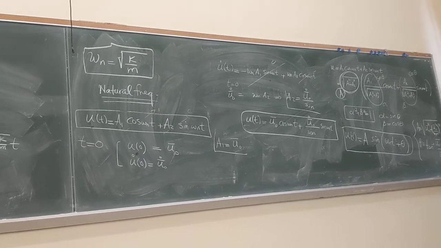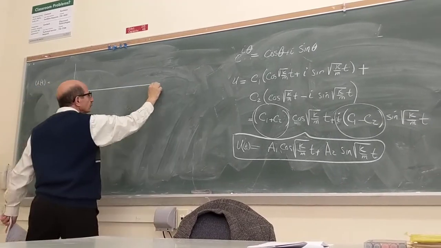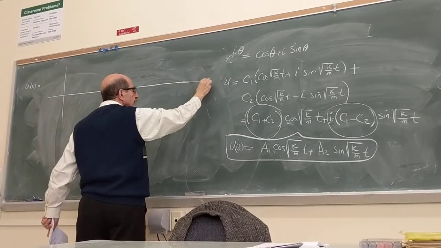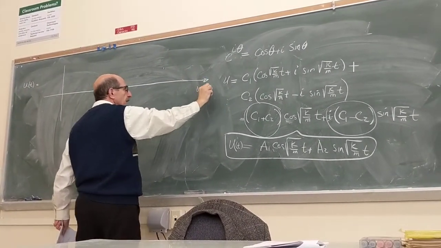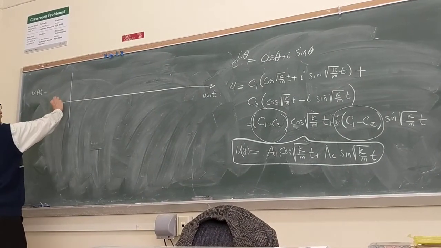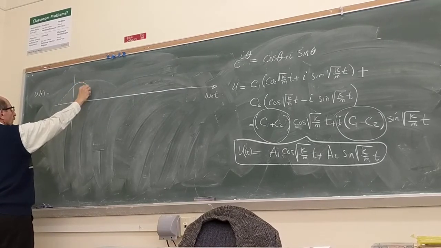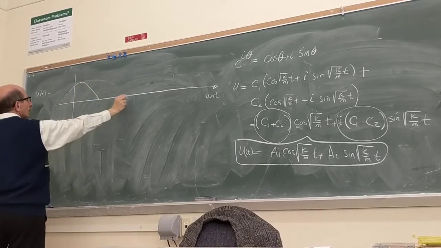Now, if you plot this u as a function of omega n t, it is going to look like this. So let's see.